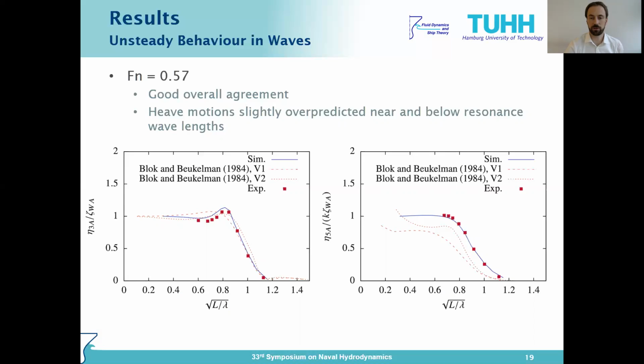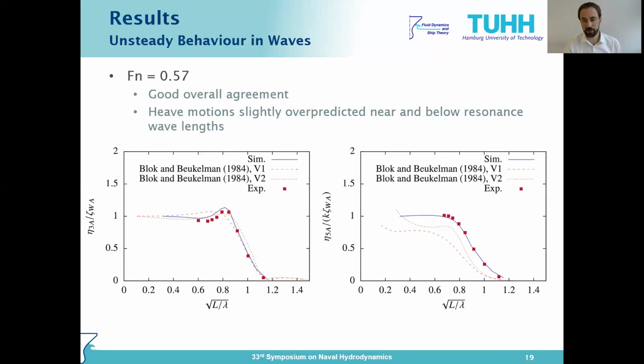First, the results for the lower Froude number 0.57 are presented. The heave amplitudes are shown on the left, and the pitch amplitudes are shown on the right. We see that the results agree quite well with the experimental results. Only the heave amplitudes deviate slightly more from the experimental results. However, the nonlinear method performs generally better than the two strip methods used by Bloch and Beukelmann.